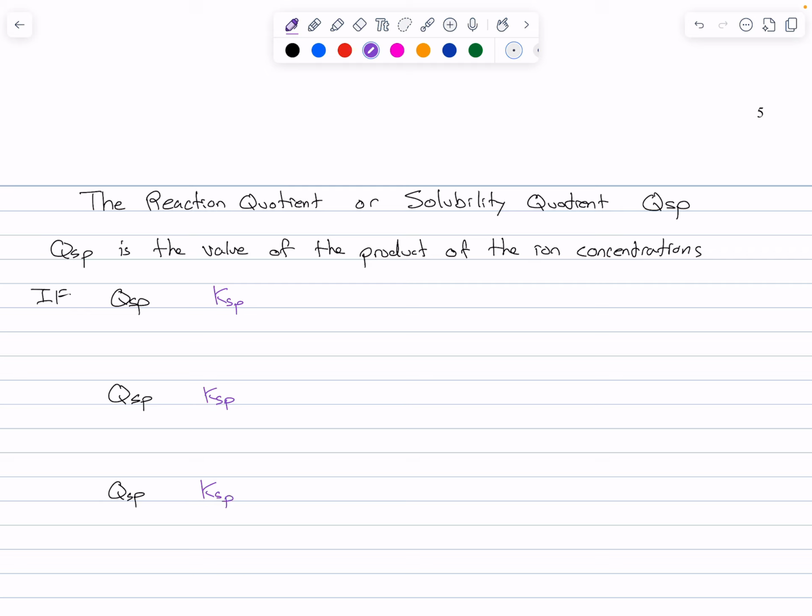So if QSP is bigger than K, all right? Well, if Q is bigger than K, there's been too many products and not enough reactants. It's a left shift. It's a shift to reactants, right? That's what it used to be.